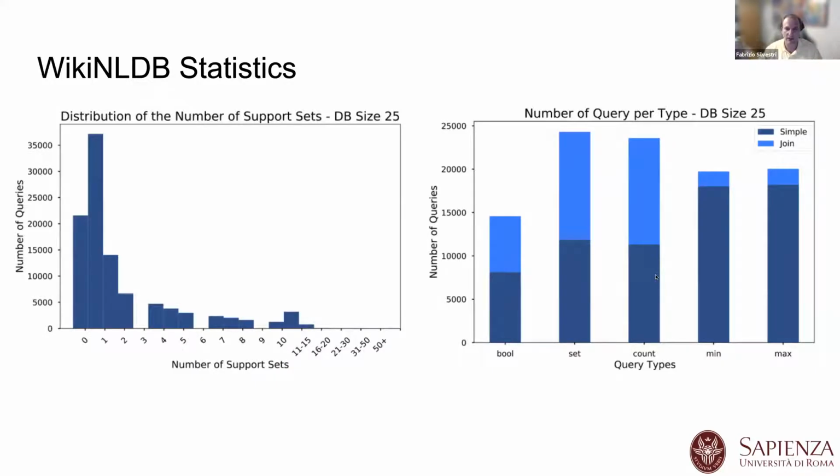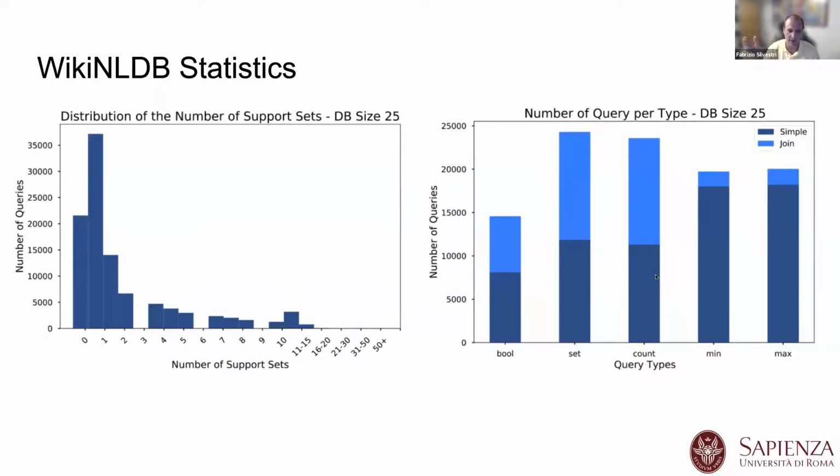And as you can imagine, we want to input these to a transformer. And as you know, transformers only accept a fixed length sequence of tokens. And so we generated variable lengths. So DB size is the number of facts that are generated, and from which we retrieve first support sets and then the answer. And as you can see, here is the distribution of queries given a certain number of support sets.